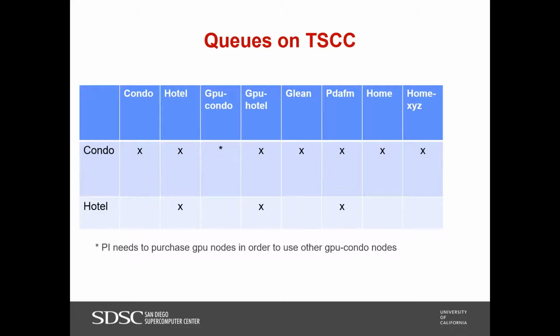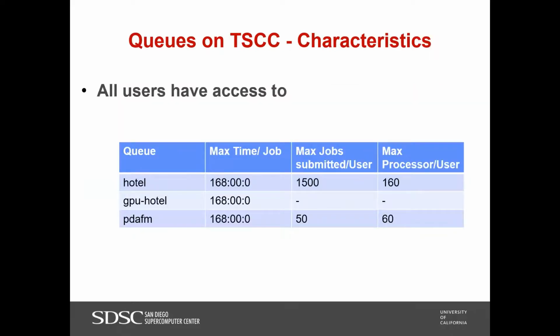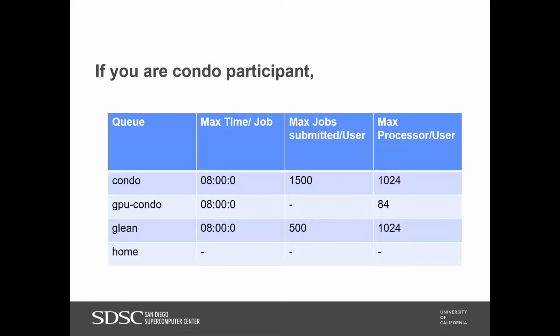In general, all users have access to the hotel queue, the GPU hotel queue, and the big memory queue we call PDFN. I listed some numbers related to the queues.